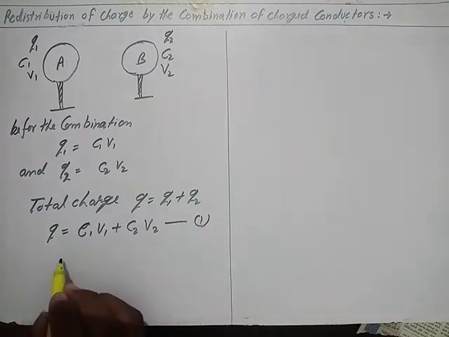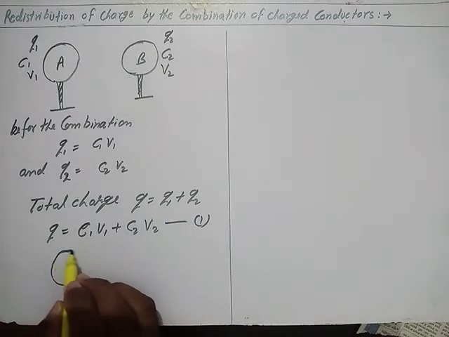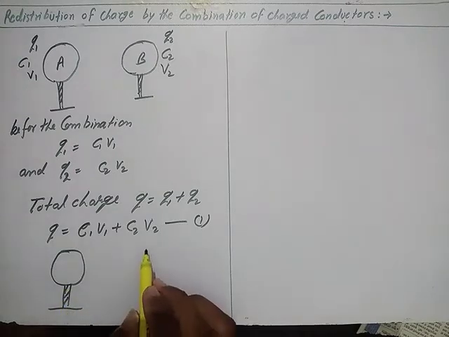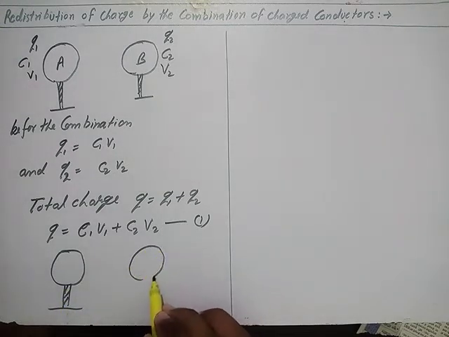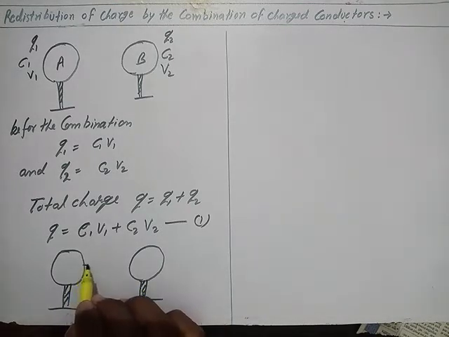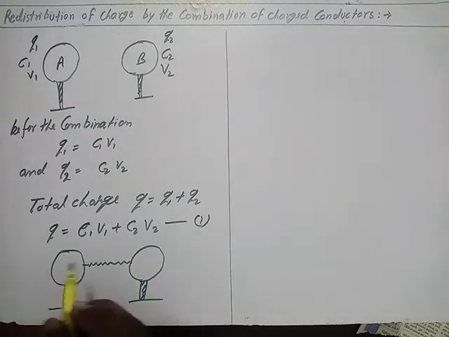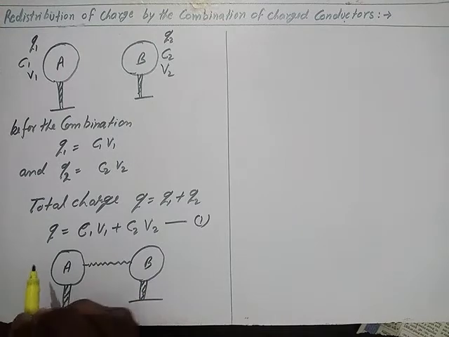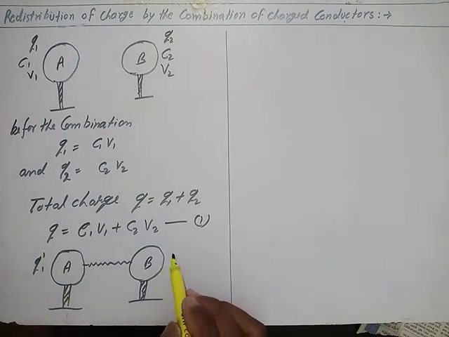Now if we connect both the conductors by a negligible capacitance conducting wire, then the charge will flow from high potential to low potential. So after the combination of both conductors, let the charge of conductor A be Q1 dash and the charge of conductor B be Q2 dash.